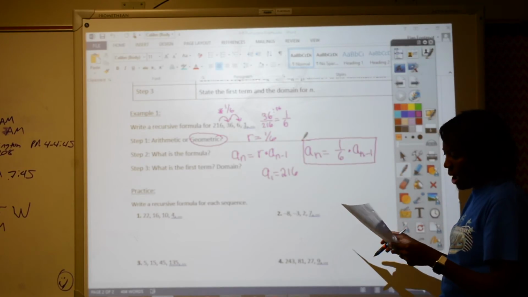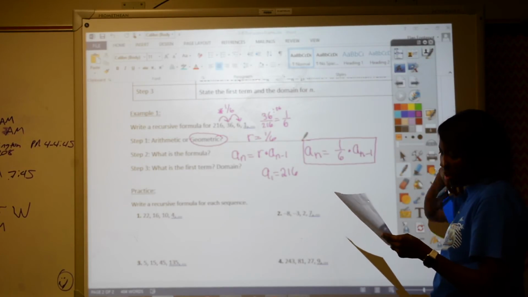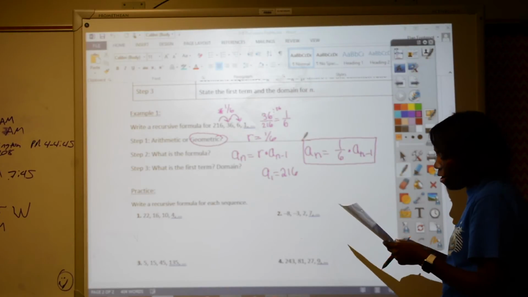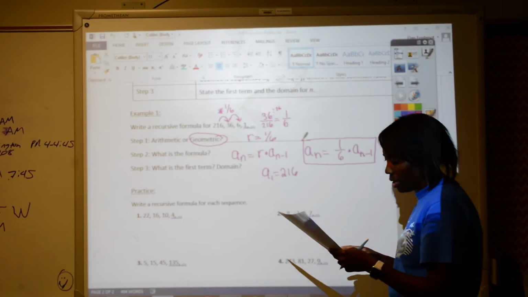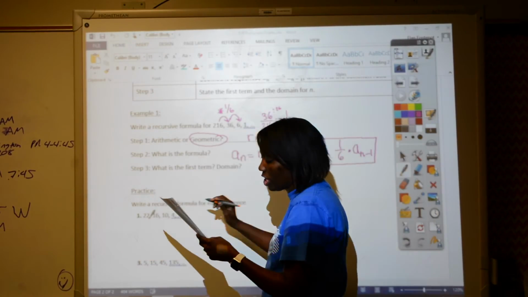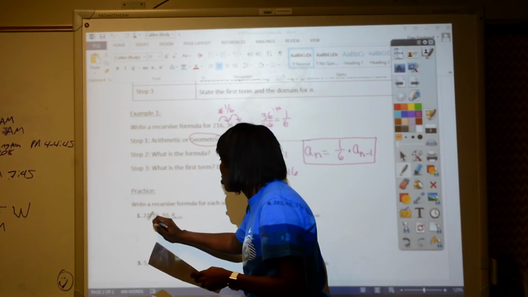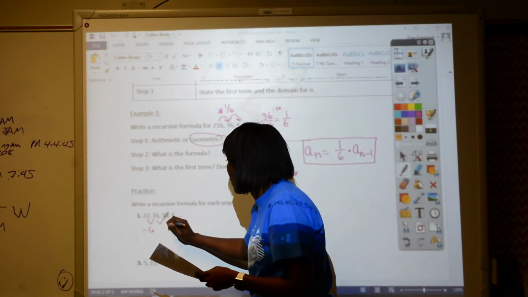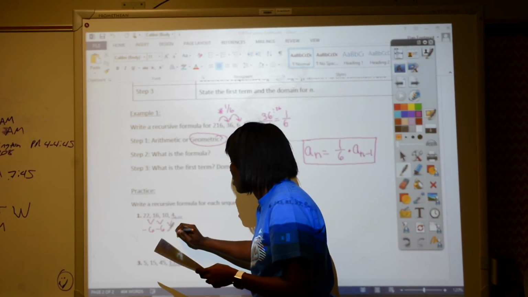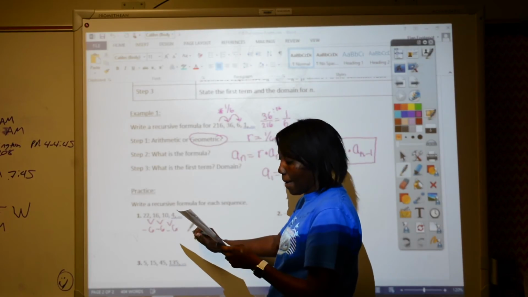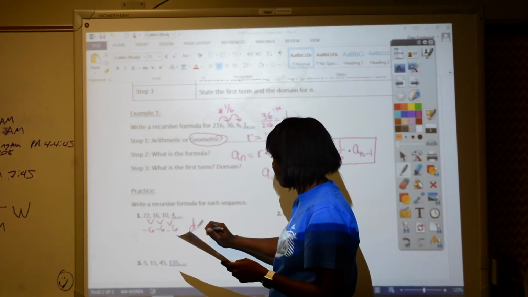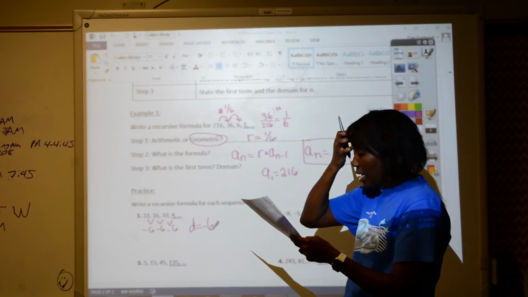So let's look at practice some. Example 2 says, write a recursive formula for each sequence. First, we need to see what kind of formula it is. If we go from 22 to 16, hopefully you see you're subtracting 6, minus 6, and minus 6. So our common difference is negative 6, d equals negative 6.